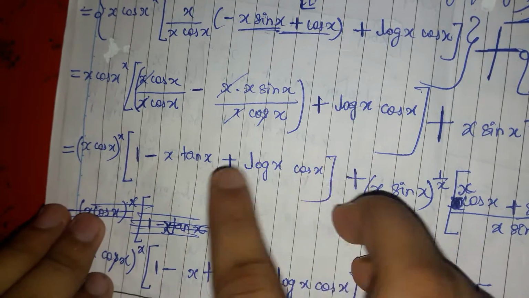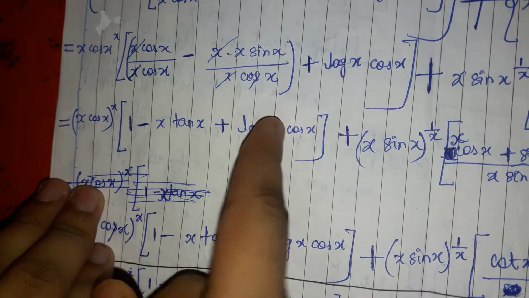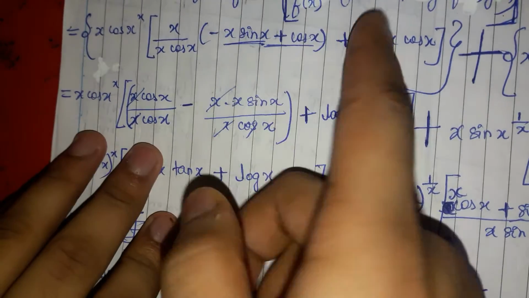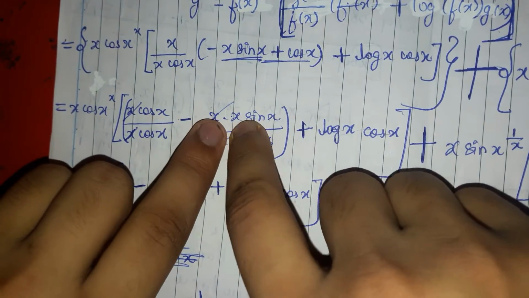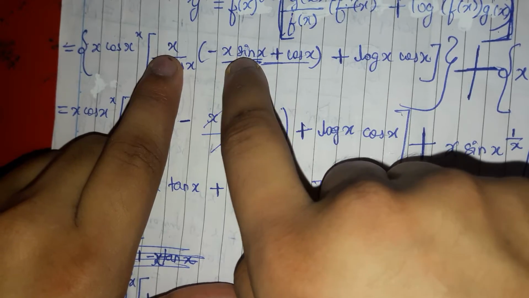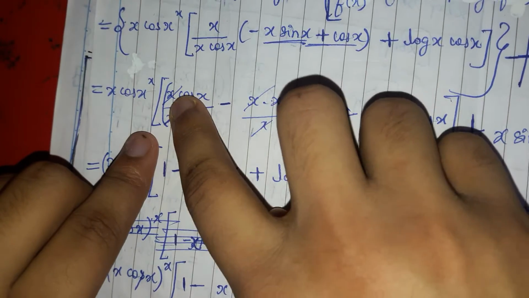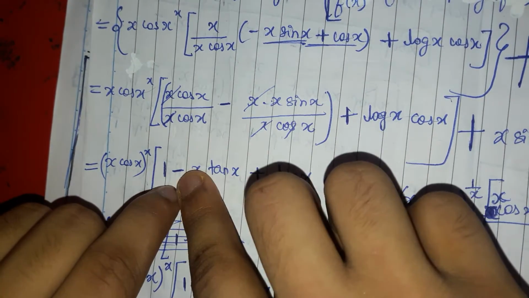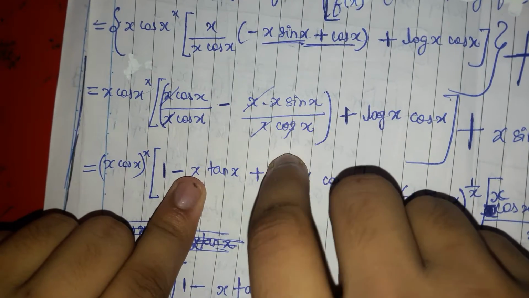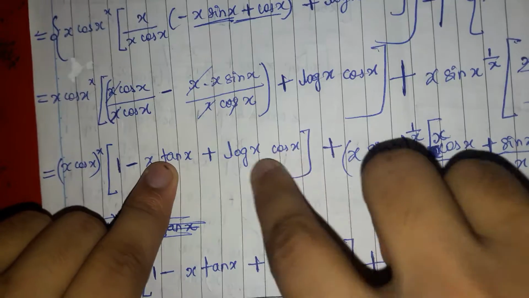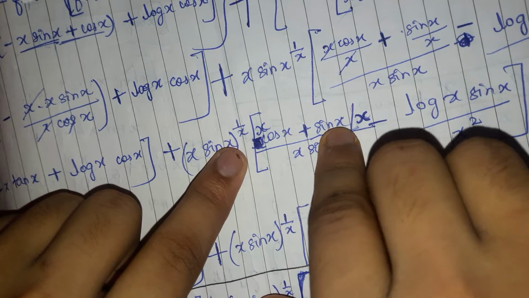The answer didn't match at first, so I rearranged the order, and then it doesn't matter. So x cos x upon x cos x minus x sin x into x sin x minus sin x as it is, x into x sin x upon x cos x. x cancels, cos x upon cos x is 1, minus x sin x upon cos x. x sin x upon cos x becomes tan x, plus log x cos x, first part, plus (x sin x) to the power 1 by x times x cos x plus sin x upon x.